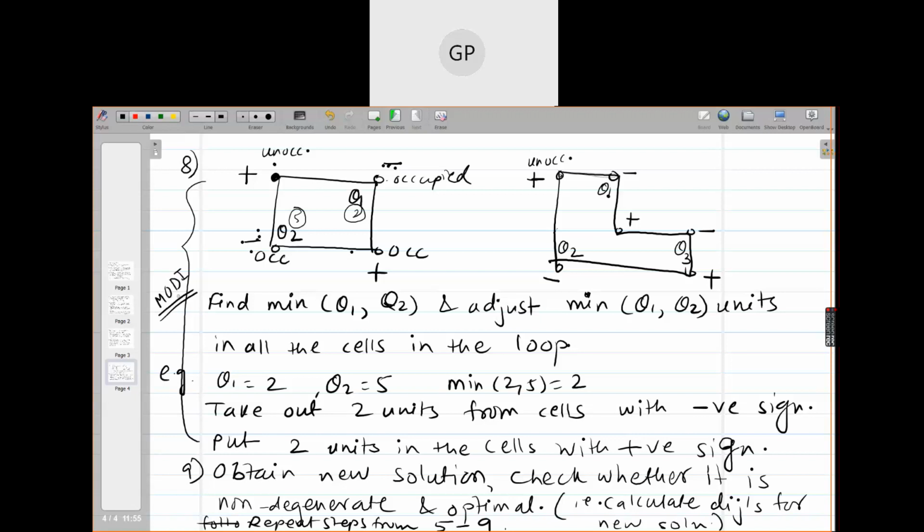Can we solve a problem now? Yes, ma'am. Okay. Find the optimal solution to the following TP using MODI.